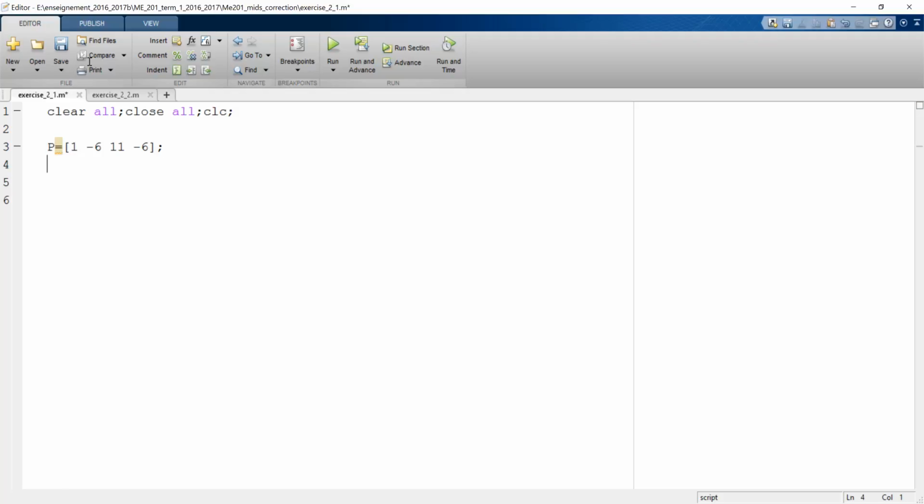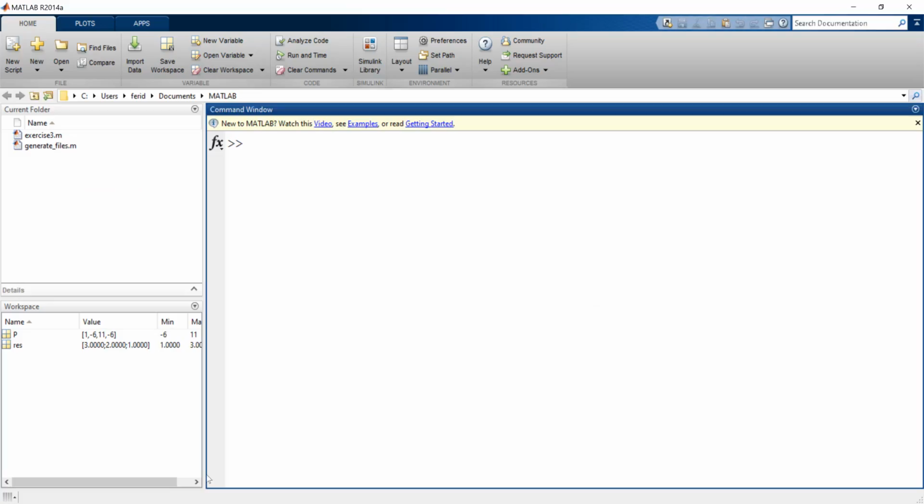So the results of the roots are roots of my P. Okay, no problem at all. So this is your result: 3, 2, 1.